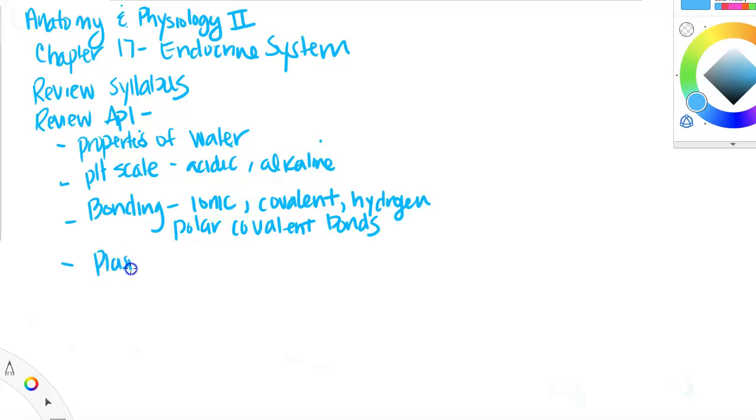Go through the plasma membrane. Make sure you know the structure of it, the things that are in it, how it works. You know that it's semi-permeable: some things can go in, some things can go out.